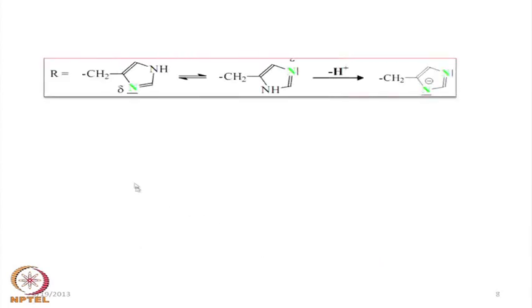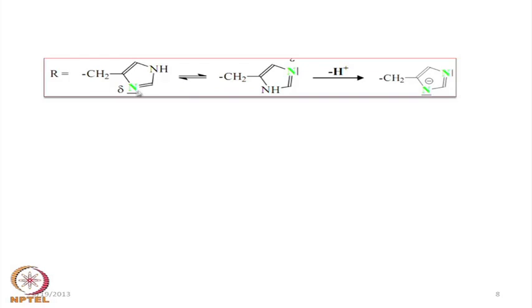Then we can have the imidazole unit. This is the imidazole part, the heterocyclic ring attached to the histidine amino acid. So, when the R part of the histidine is the imidazole part, it can have different tautomeric forms after deprotonation of this nitrogen also.